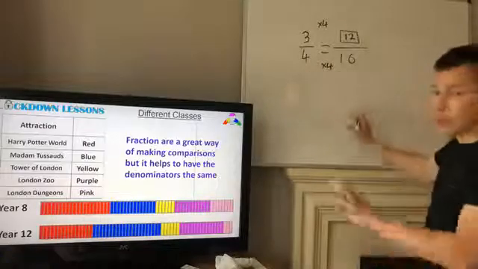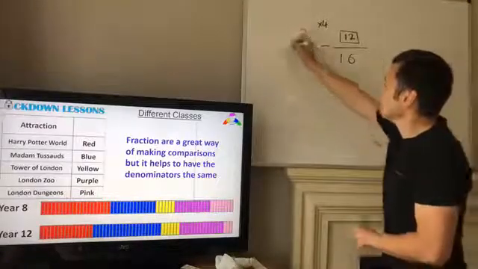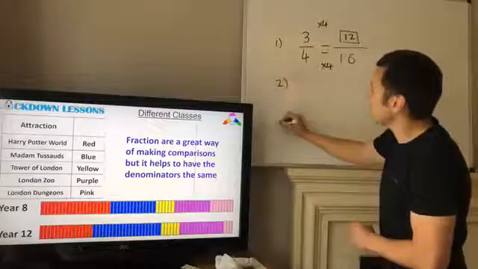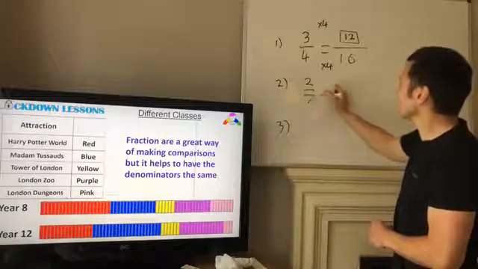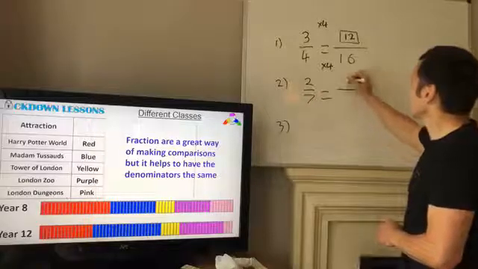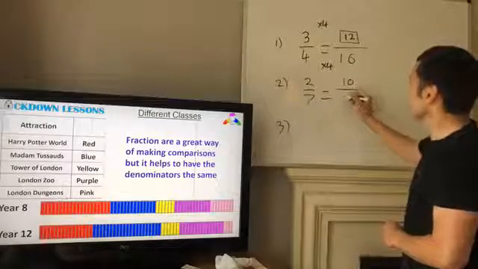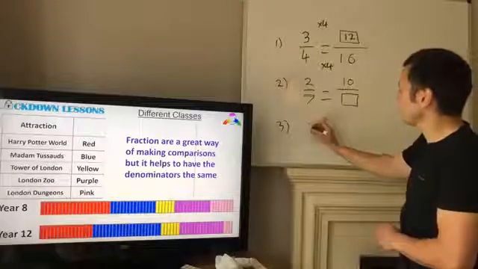Just have a go at these 2 on the board because we've done quite a bit of this already. So that's question 1. Can you fill in the gaps for these 2, please? So fill in the boxes for me, please.